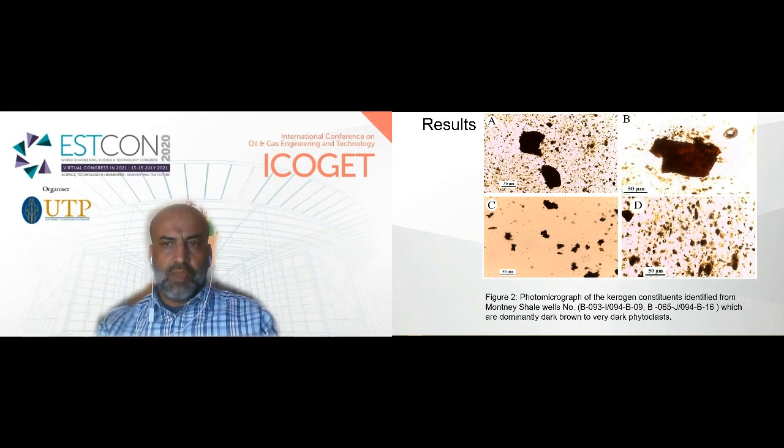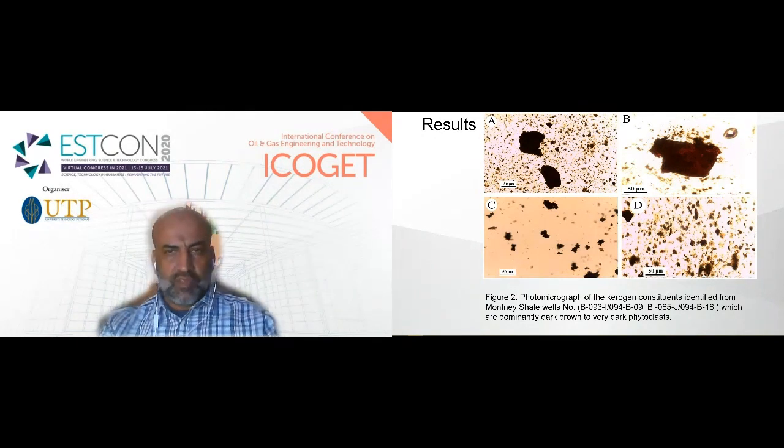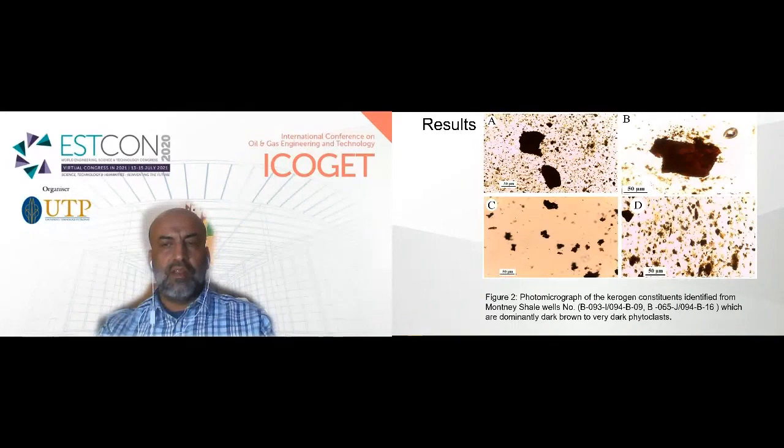Samples from well B65J contained plenty of very dark brown phytoclast and black opaques with frequent very dark brown degraded phytoclast, as shown in figure 2A and B. Palynomorph particles were not observed frequently.